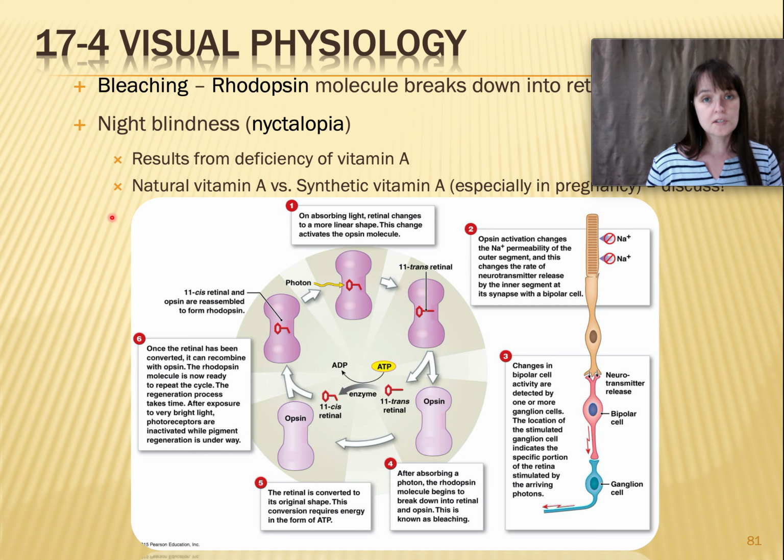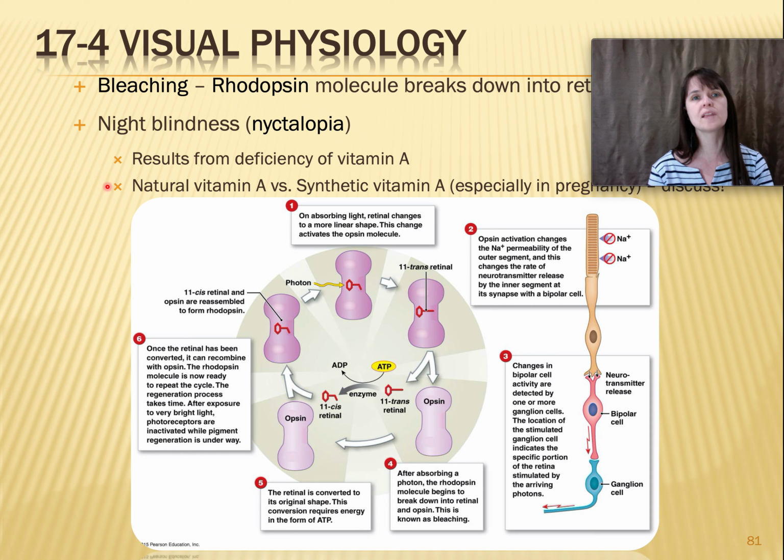You need a certain amount of vitamin A for your eyeballs to keep the bleaching and the reforming of the visual pigments going. When there's not enough, it's first distinguishable in the dark. So that's why it's night blindness.